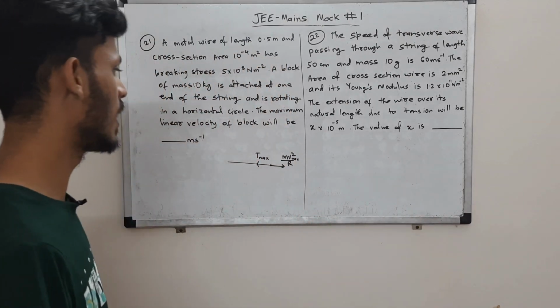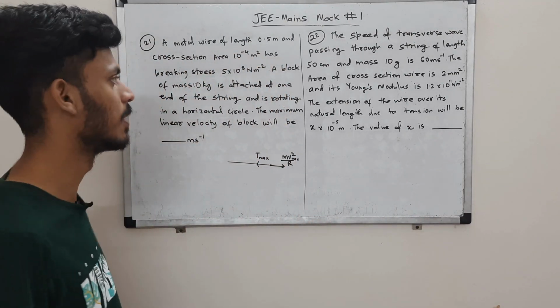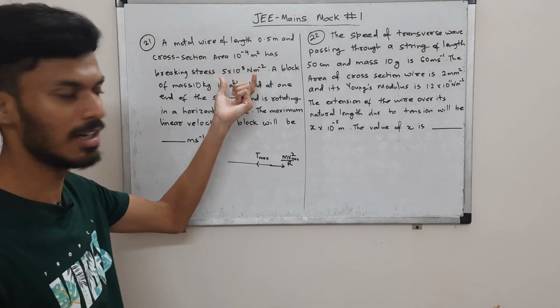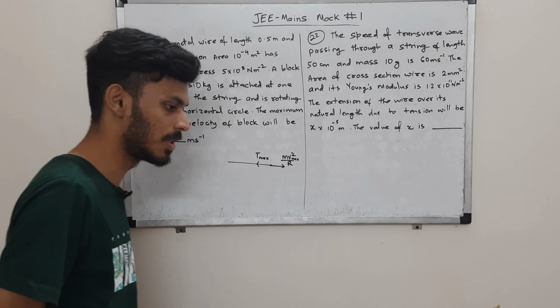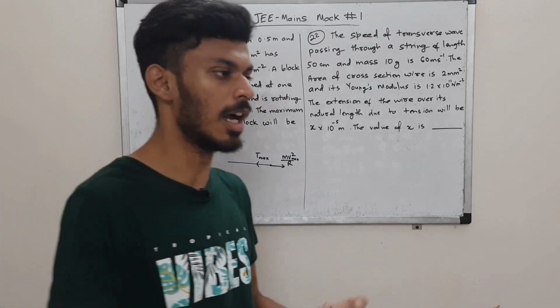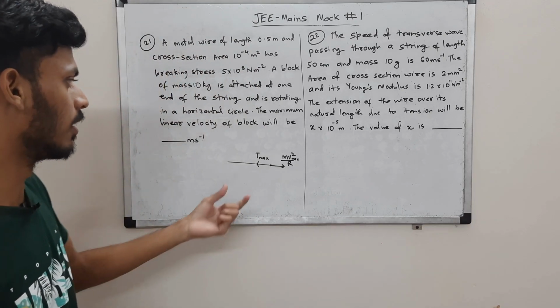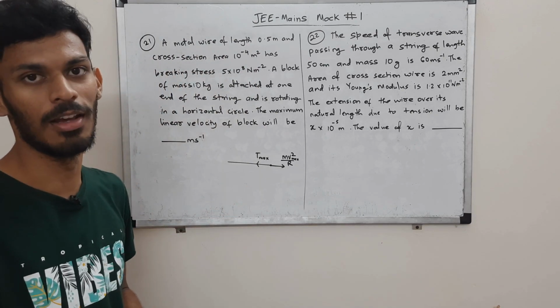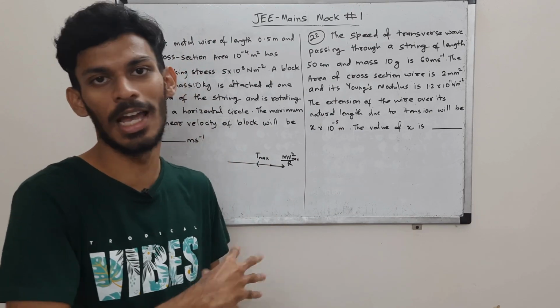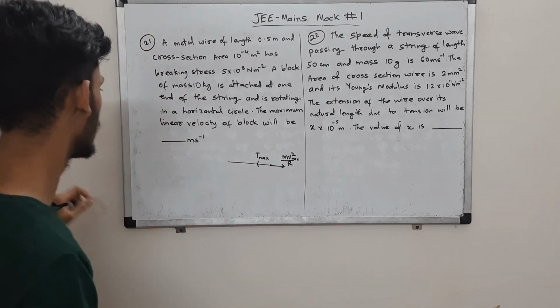When the velocity is max, the tension in the string will be the maximum, and we are given the maximum stress that it can handle. So we'll substitute the maximum stress and find the maximum velocity that the wire can hold. Above that velocity, the centrifugal force will become too much and the wire will break. So that is the point of the question.